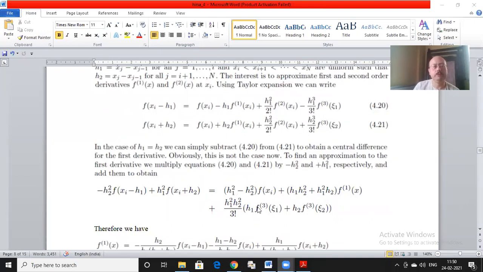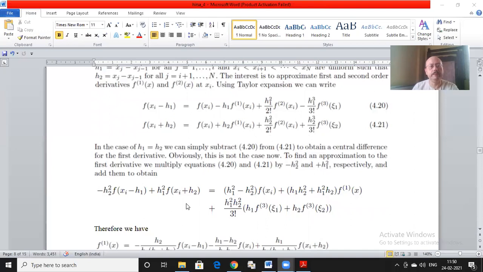So what we do is the usual variable elimination strategy. For the first derivative, we will multiply the left equation, the backward equation, by minus h2 square and the forward equation by plus h1 square. And then we add them because I want to eliminate the middle term.